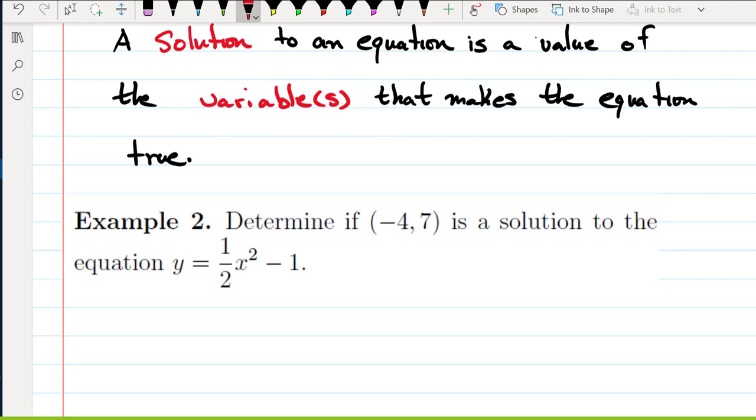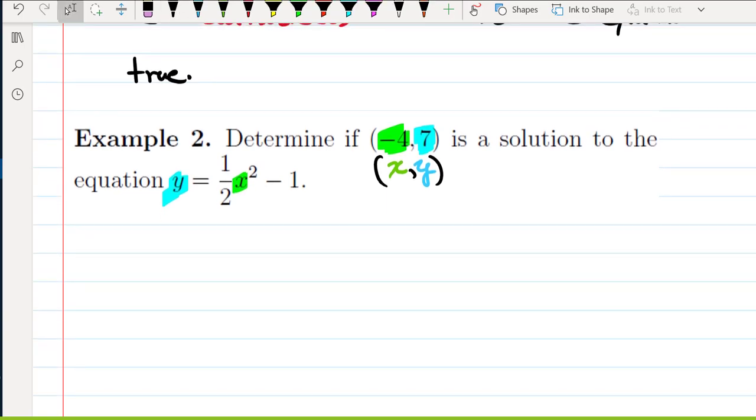In this case, let's go with our x and our y, because our ordered pairs are always x's and y's. So our value of x is going to be -4, and our value of y that we want to check is going to be 7. We need to put these into the equation and determine if we get a true statement.